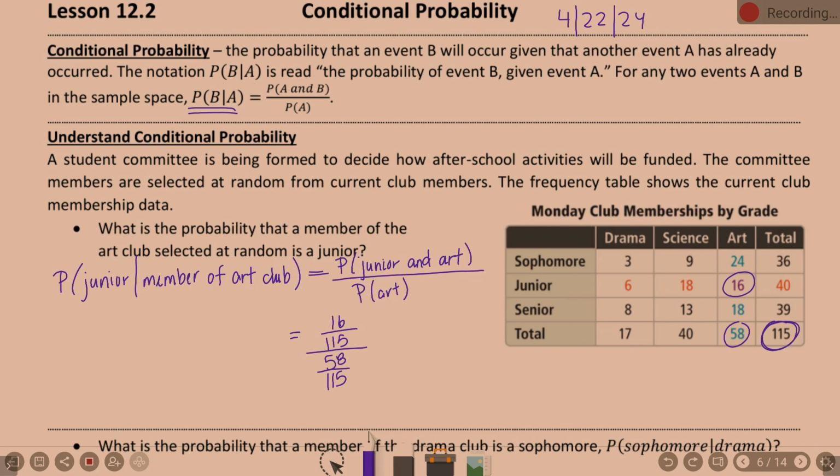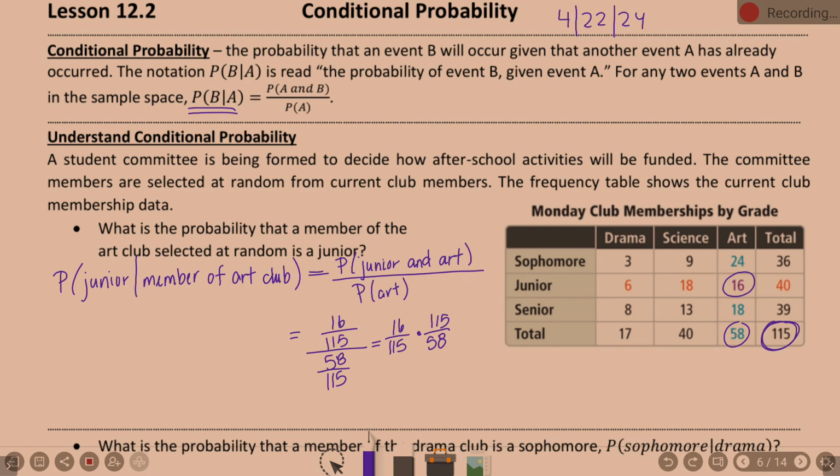How do we, okay, let's look at the math behind it. How do we divide fractions? Some of you are seeing this and going, oh my gosh, ugly, I don't know what to do. How do we divide fractions? Keep, change, flip, yes? So if I keep, change, flip, I'm keeping 16 over 115, changing division to multiplication, and I'm flipping. So instead of dividing by 58 over 115, I'm multiplying by 115 over 58.